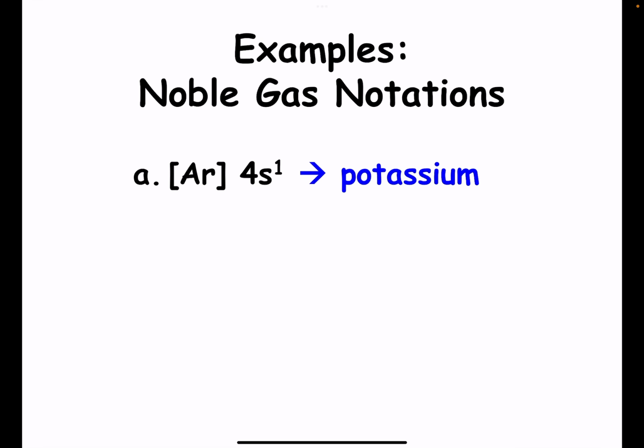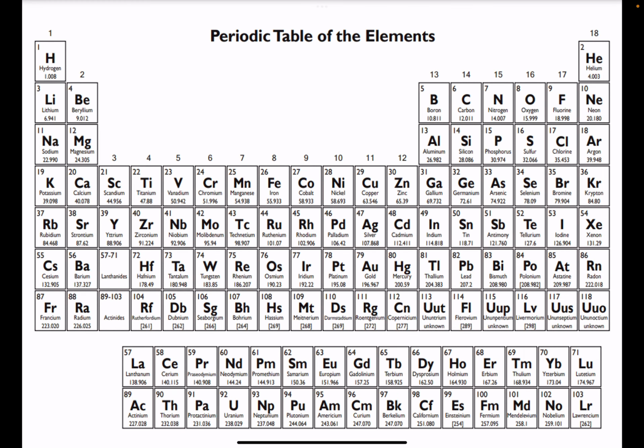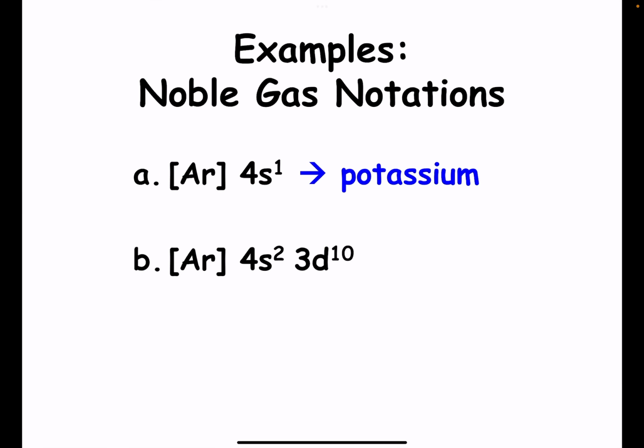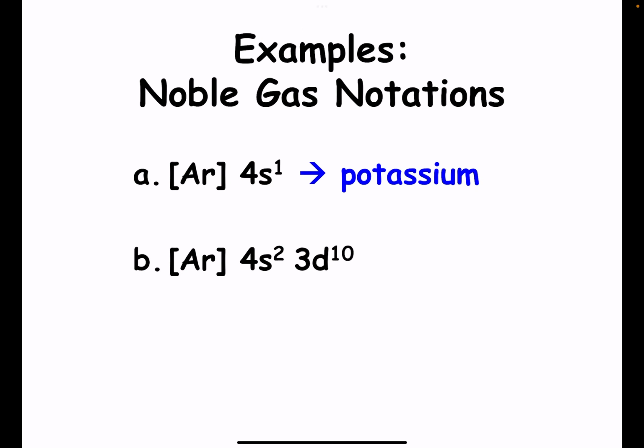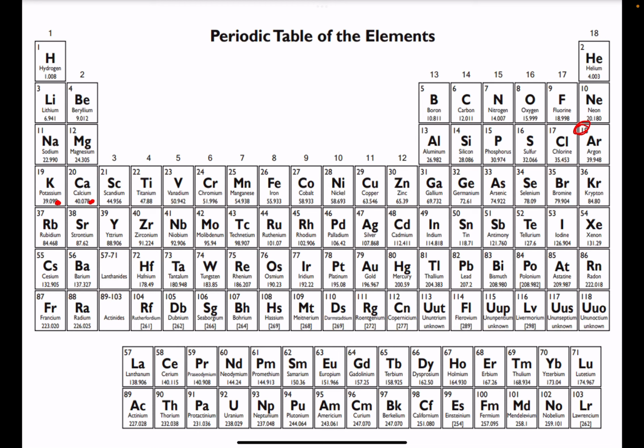All right, another example. Another one with argon. So we're going to look at our periodic table and locate argon. And then we have 4s2, which is going to be 2 past here. Here was 4s1 that we did a while ago, and there's 4s2, which is calcium. Now it wants us to do 3d10. Remember that 3d10, even though this is in period 4, this is still 3d because we said the period number minus 1.